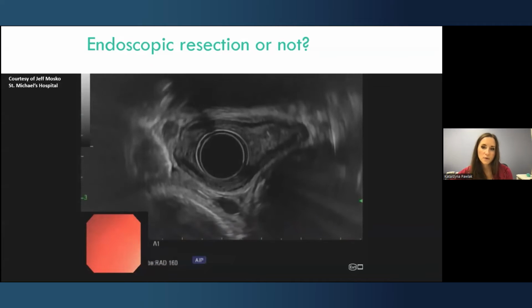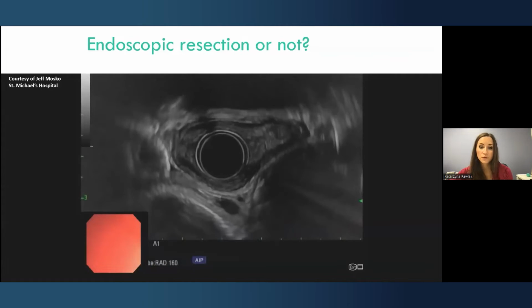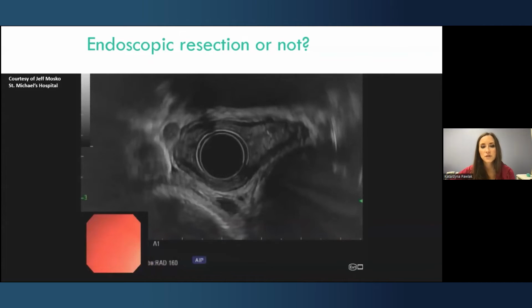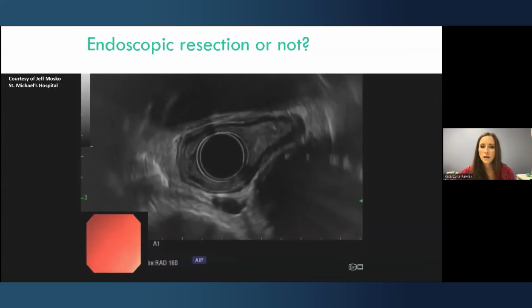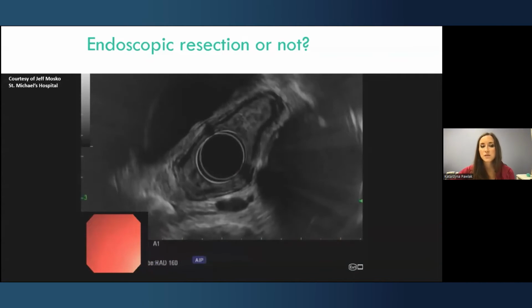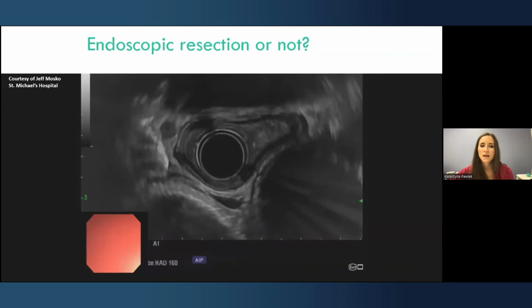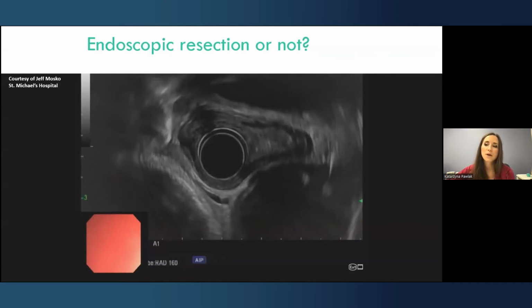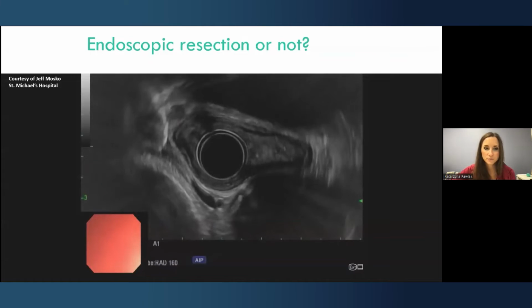And then we can take a look also at the serosal layer. Also, additional things are visible on the screen. So we can think, based also on these additional abnormalities, we can determine if the lesion could be potentially removed by ESD or not.